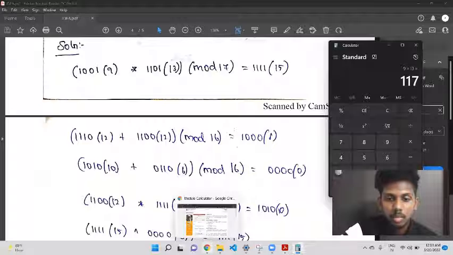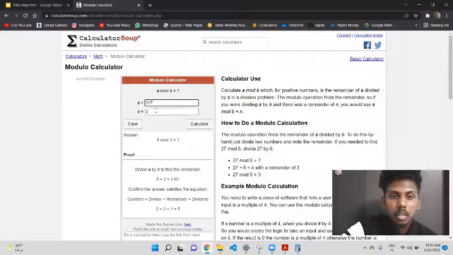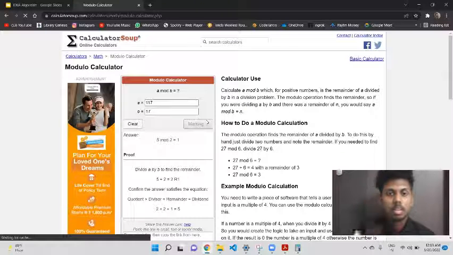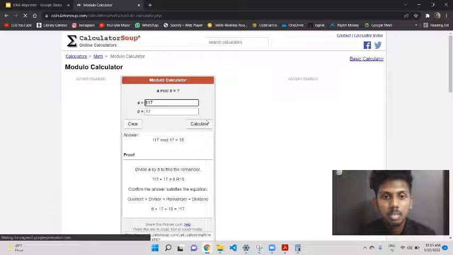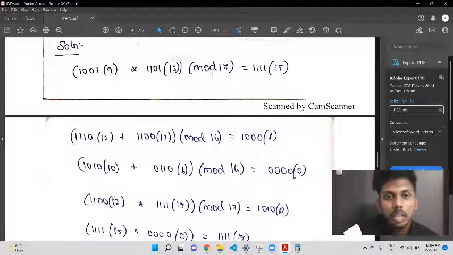That is, the a value is 117. The b value will be 7 times 17 is 119, no, the b value will be 70. We get the answer of 15.